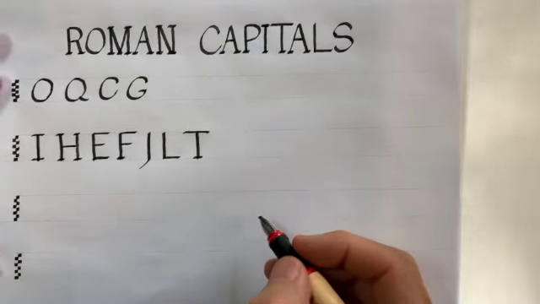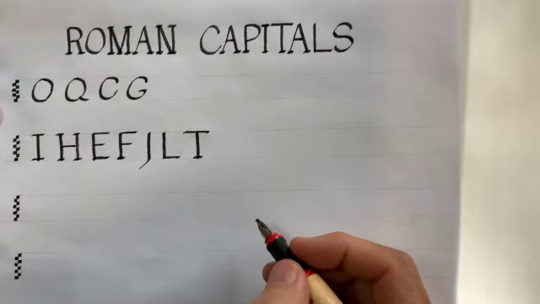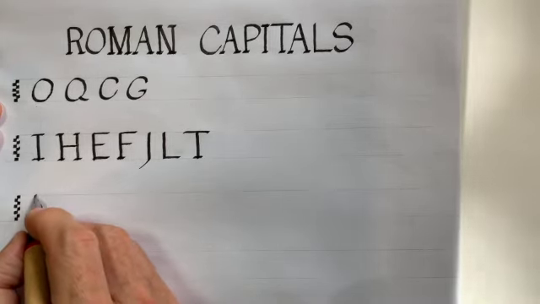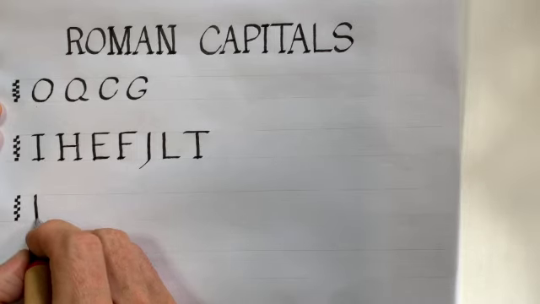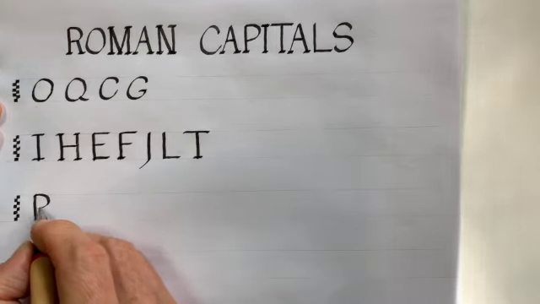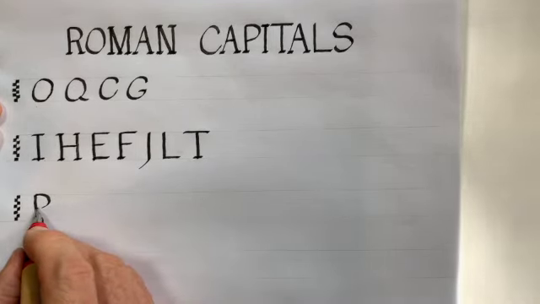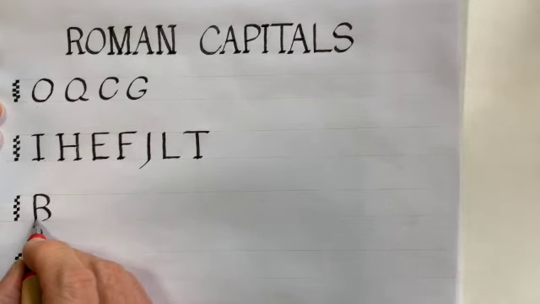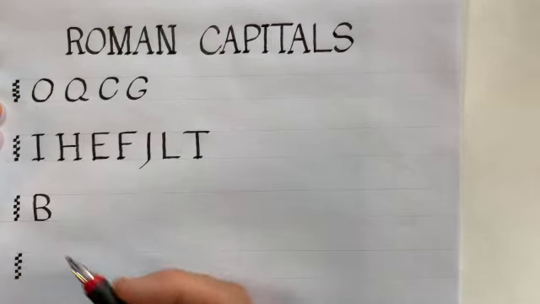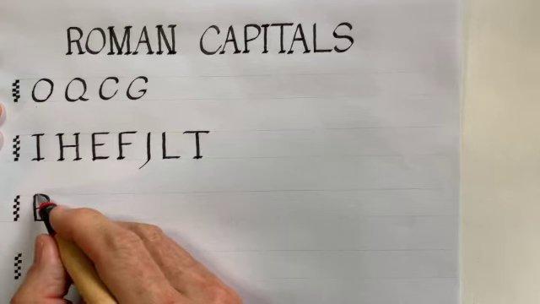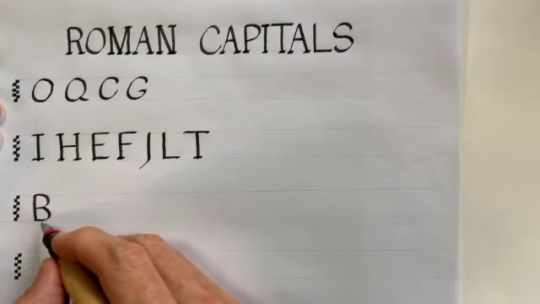Next, we move to letters that have combinations of round and straight. And we'll start with the B. So you can see there were 1 stroke, 2, 3, and 4.